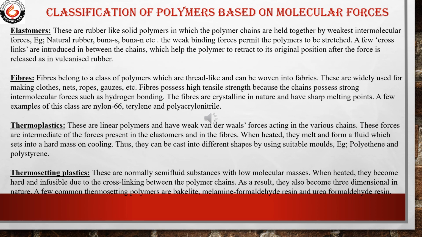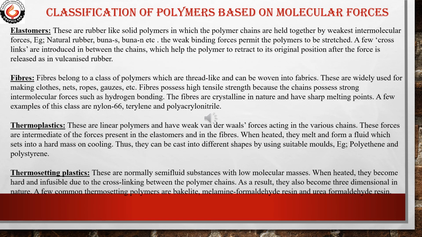The second class is fiber. Fibers are thread-like polymers and these threads can be woven into fabric. These are widely used for making clothes, net, rope, gauzes, etc. Fibers possess a very high tensile strength because the chains possess strong intermolecular hydrogen bonds.